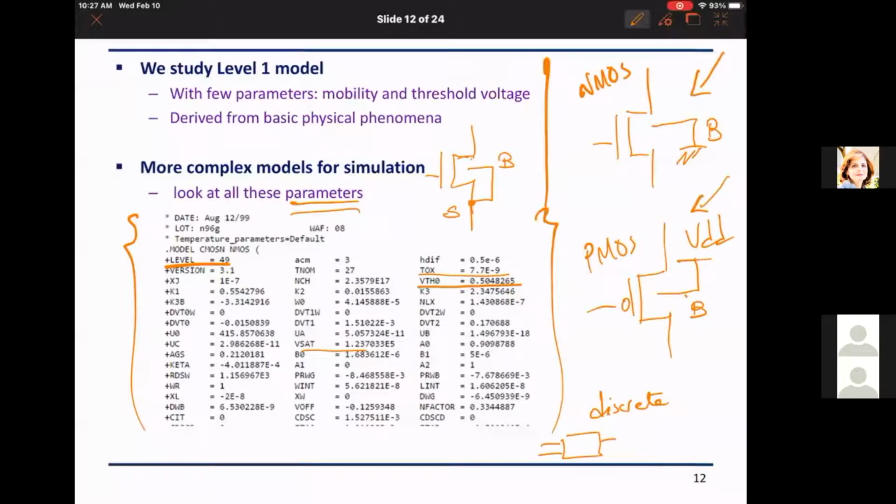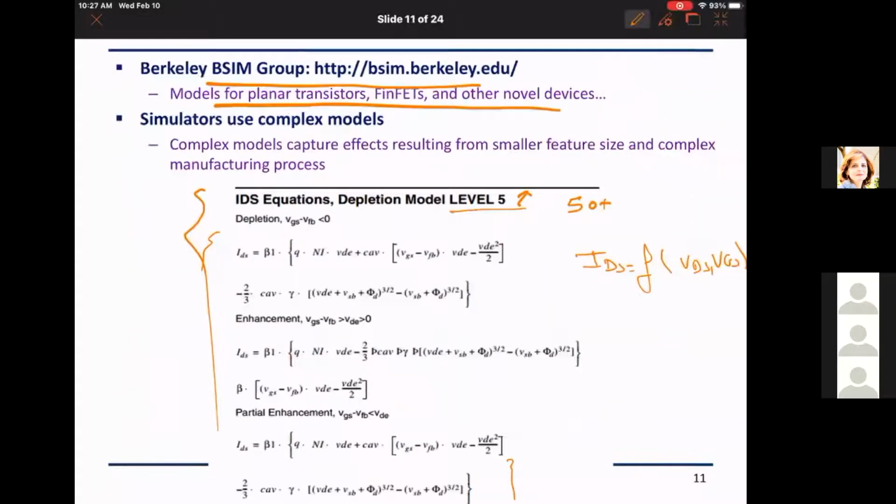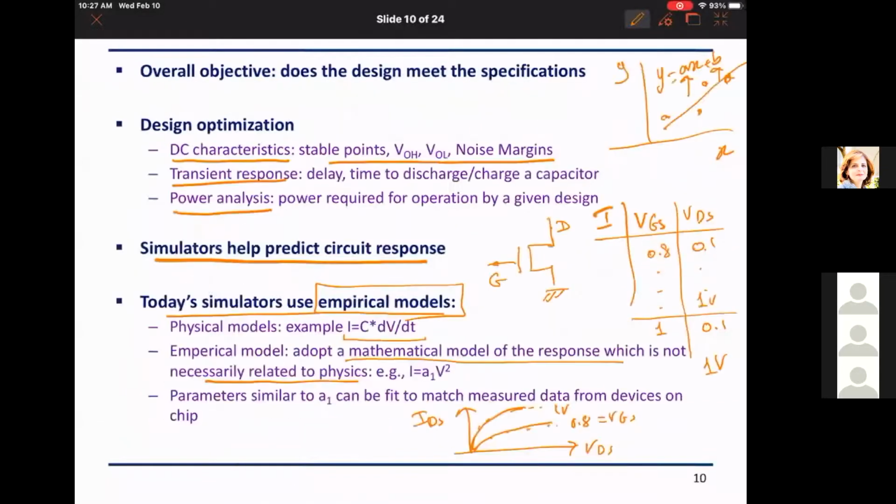Okay? Professor? Yes. Why would I use an empirical model if I have the exact equations? Because there are no exact equations for these complex nonlinear devices. For the capacitor, we know that it is I equals C dV by dt, right? But the transistors are so small now that their current cannot be modeled by a known set of equations.